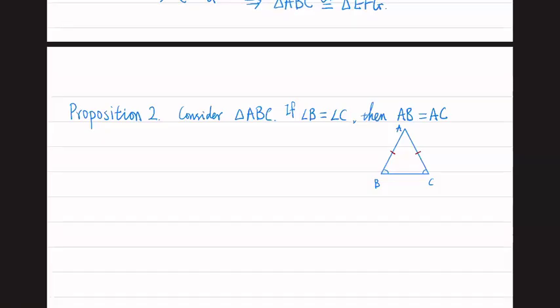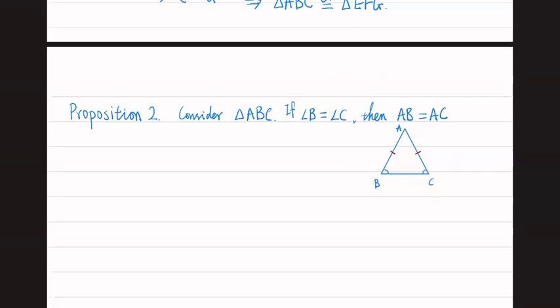Amy, how do you prove this? Any idea? Where should we start? What theorem can we apply? The SSS, I think. Okay, nice. Let's try.